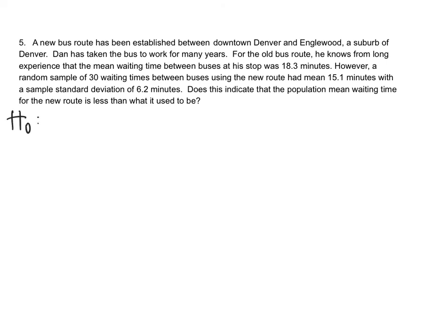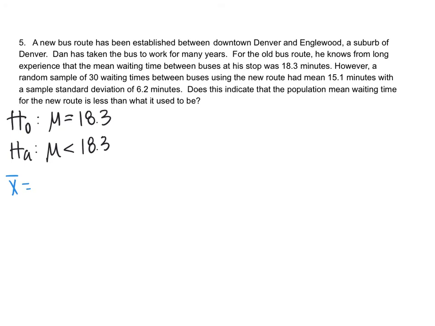So the null hypothesis is that the mean is 18.3. The alternative is that it is now less than 18.3. So we do have random and independence, and our sample size is 30, which is greater than or equal to 30, so we can perform our significance test.